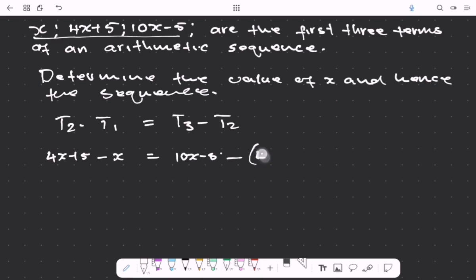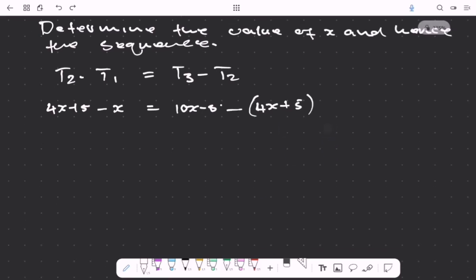So t2 is (4x plus 5). Because if you don't put it in brackets, you are prone to make mistakes and give the negative sign only to the first term. So let's do it now. Let's clean things up. 4x minus x, that's 3x plus 5.